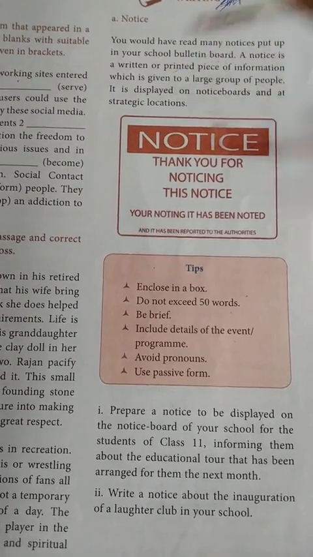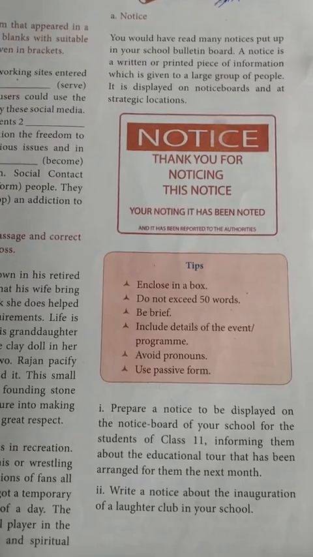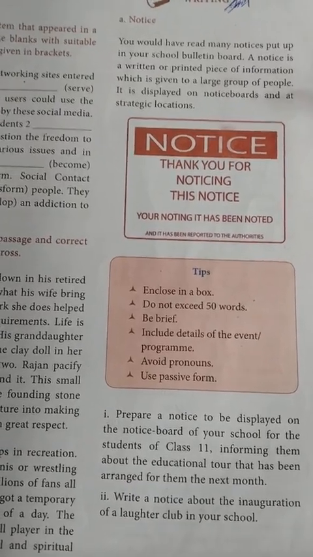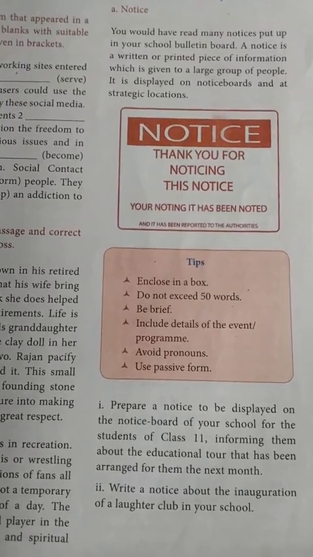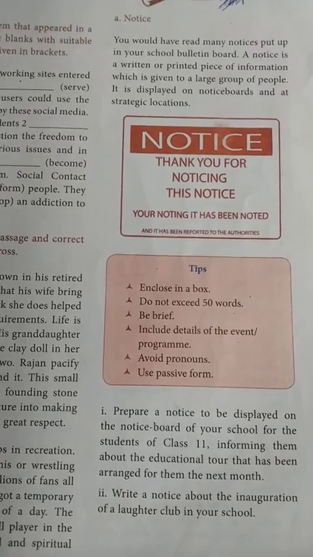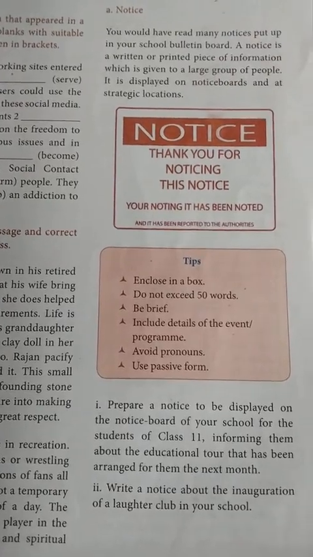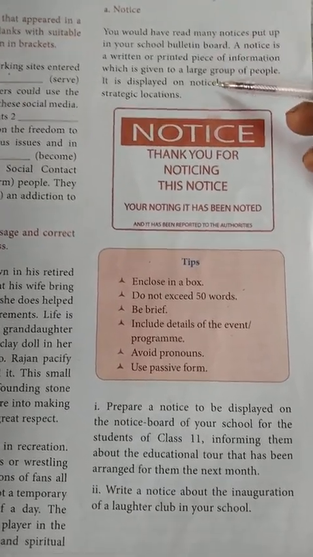So that we call a strategic location. If a notice is displayed inside a room, it is difficult for everyone to go to the room. Whereas it is displayed in a public place, where all the people can gather. That is the actual place a notice should be displayed.